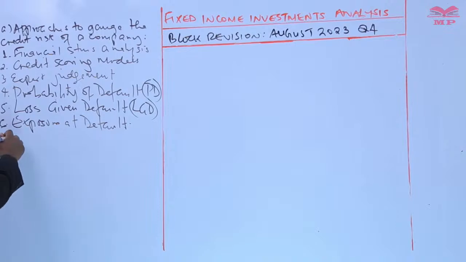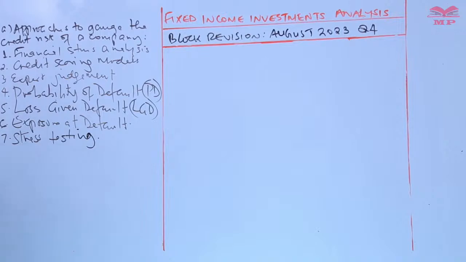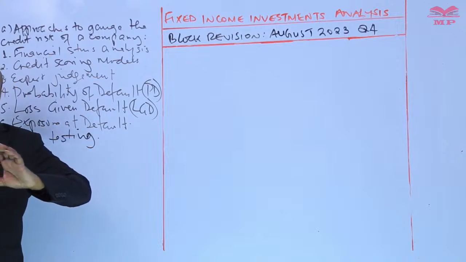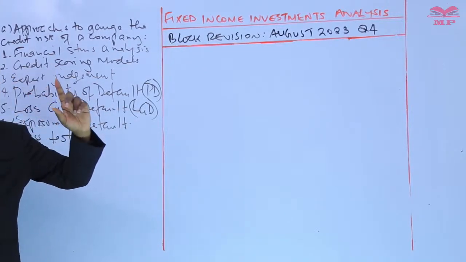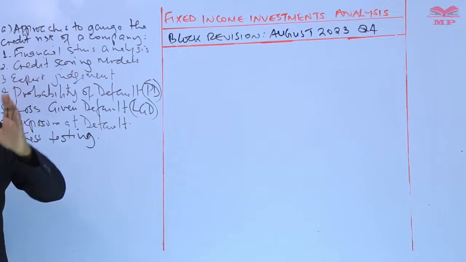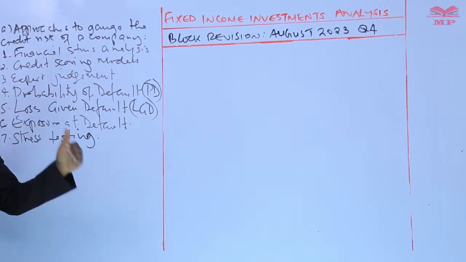You may also have stress testing as an approach. Stress testing involves simulating various economic scenarios, such as recessions or interest rate hikes, to assess how a company's creditworthiness might be impacted under stress.